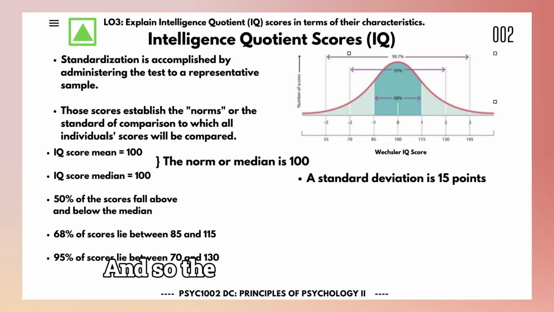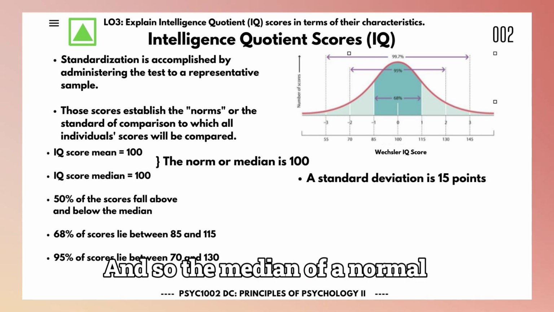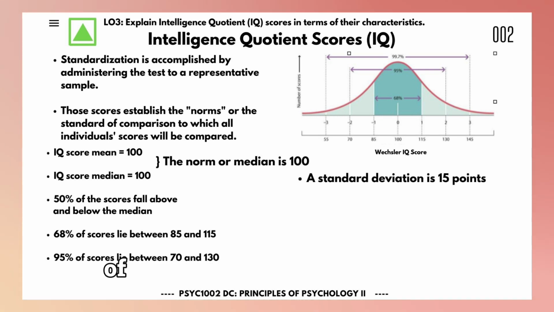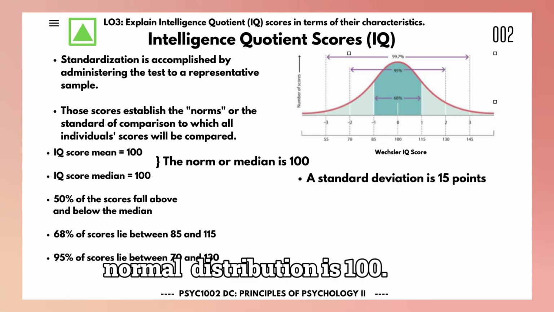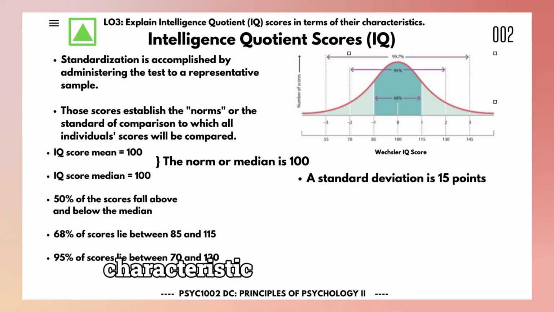And so the median of a normal distribution, of which the IQ scores form one, is 100. It's a characteristic distribution for IQ scores.